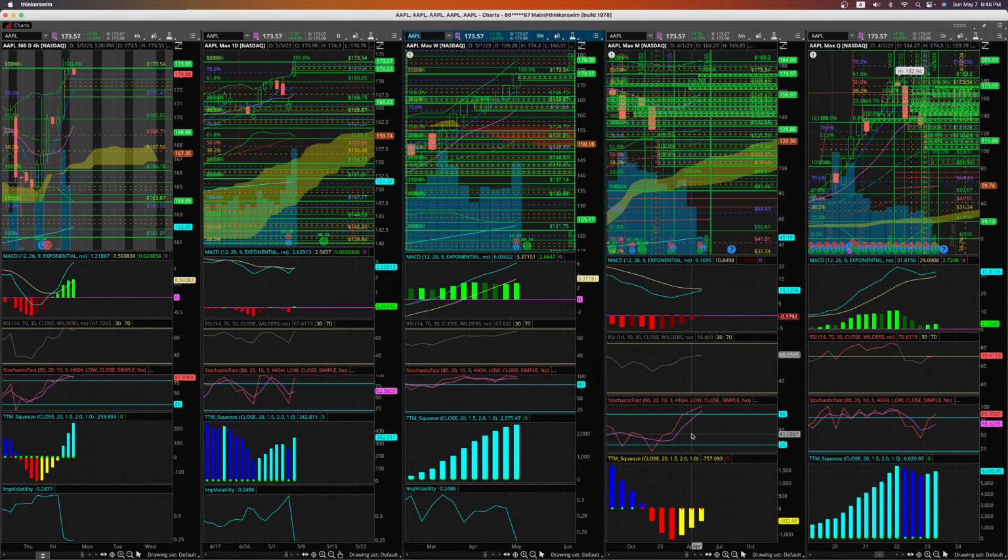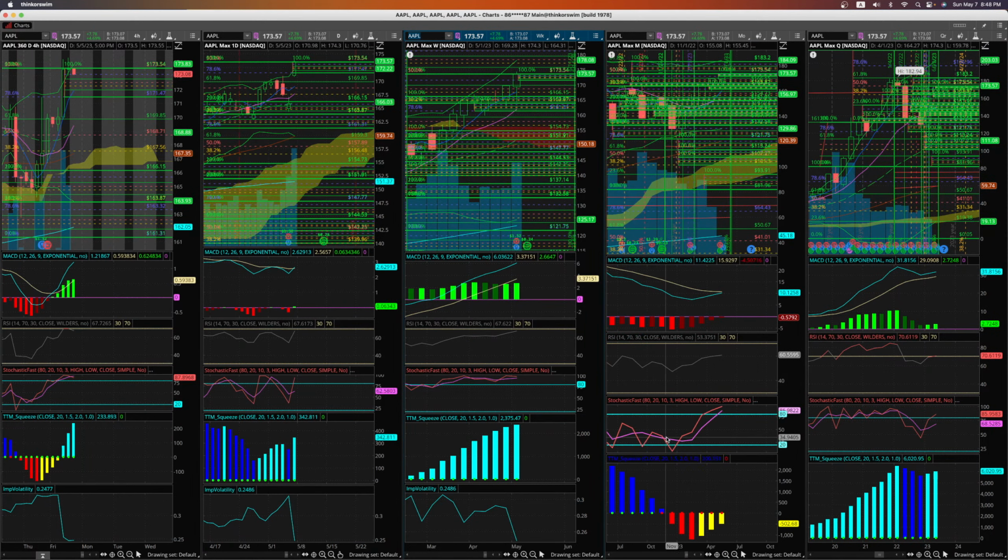And also the statistic fast gives you an earlier warning. For example, everything I'm telling you right now, you can use at any time frame, but on the longer time frame it's just a clearer picture. You can see here the statistic fast has a few golden crosses and dead crosses. That's why it's called the statistic fast. It gives you a faster signal, but at the same time an earlier signal.